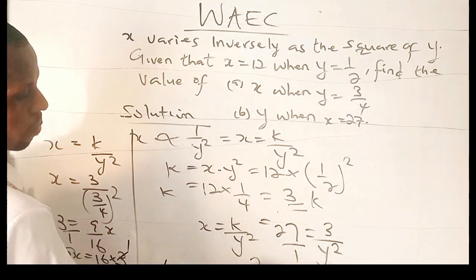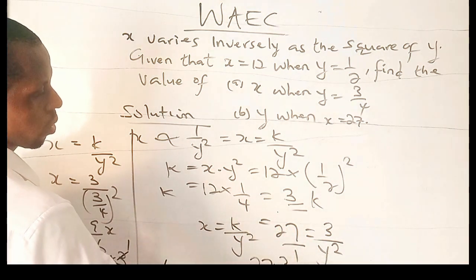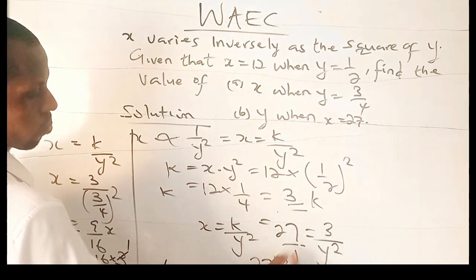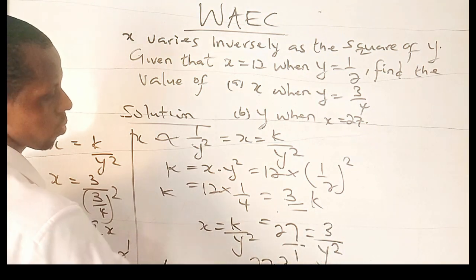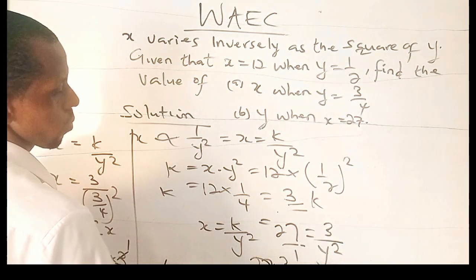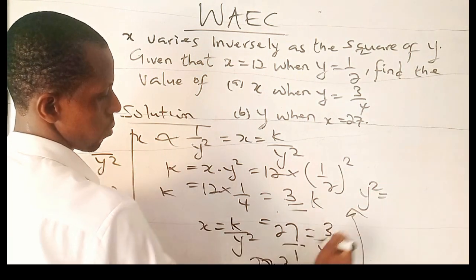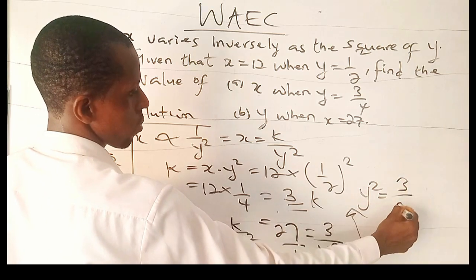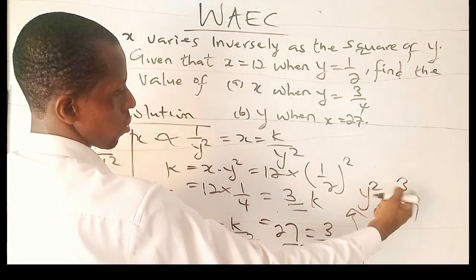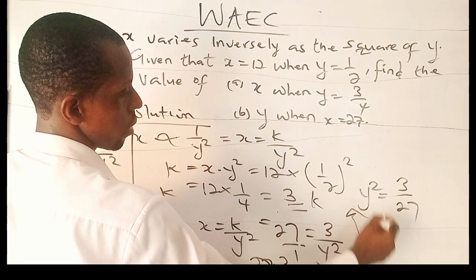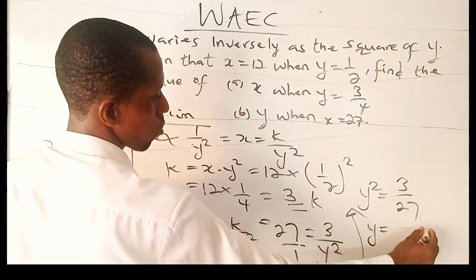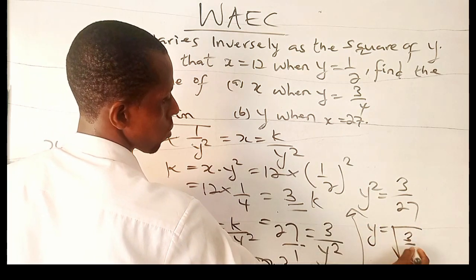So you can cross multiply by saying 27y squared equals 3, and then you divide both sides by 27. So from here, we have y squared to be 3 over 27, and I have to look for the square root of both sides to eliminate this. So I have y equals the square root of 3 over 27.